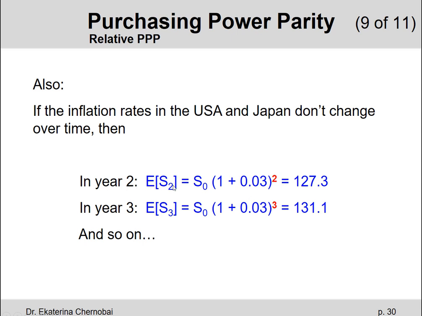So the expected spot exchange rate in 2 years, denoted as E[S2], would equal S0, which was 120 yen per dollar in our example, multiplied by (1 plus 0.03) squared, which gives 127.3 yen per 1 US dollar, and so on.